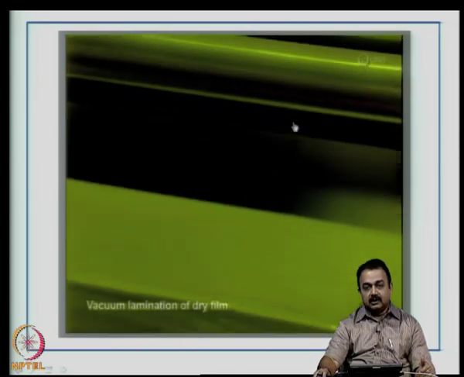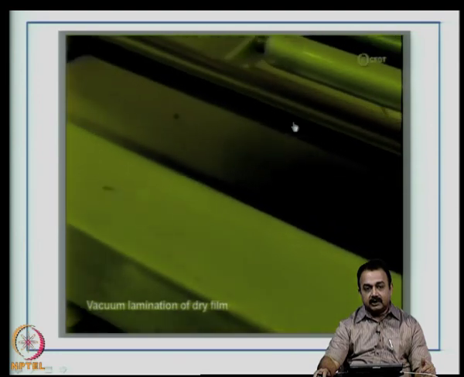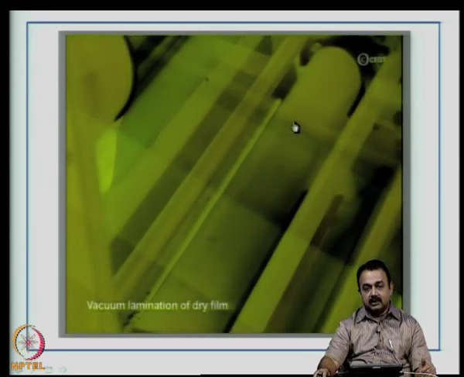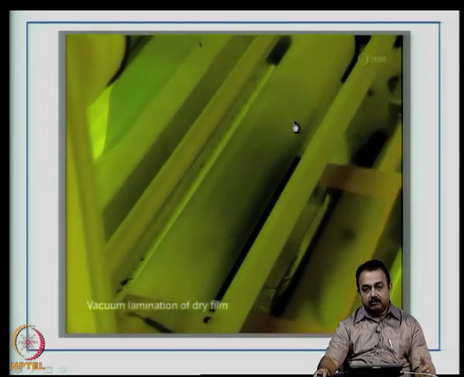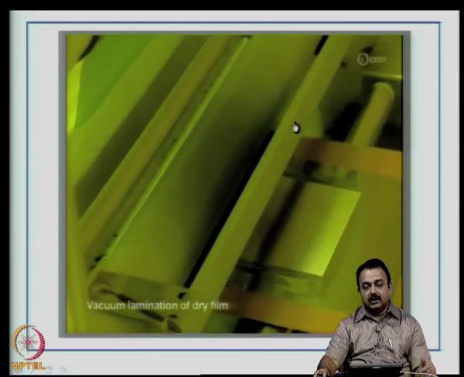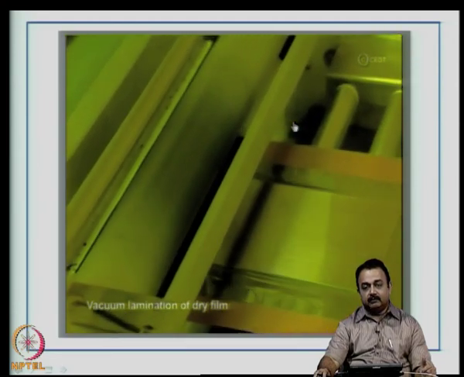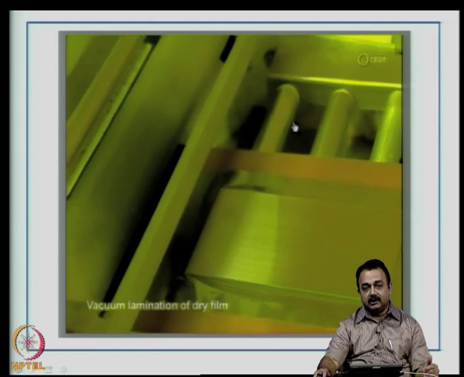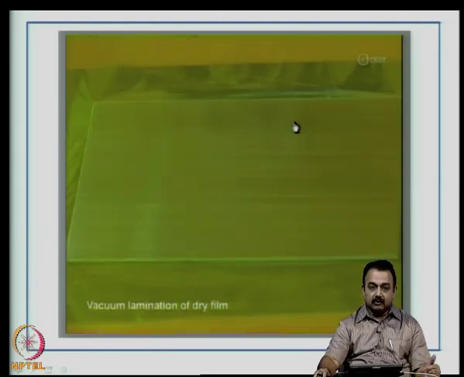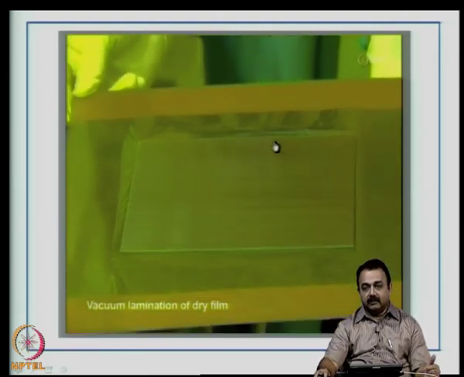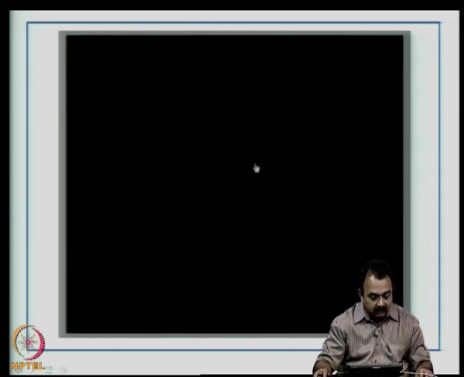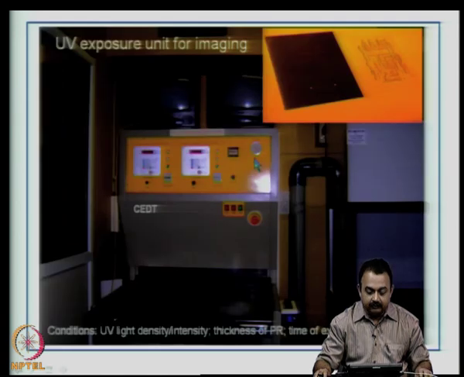Because of the set temperature and pressure, it is pressed between the rollers, and then out comes the board with the adhesive playing a great part in laminating the surface of the board with the dry film. So, this is a completed lamination done for a clean surface.